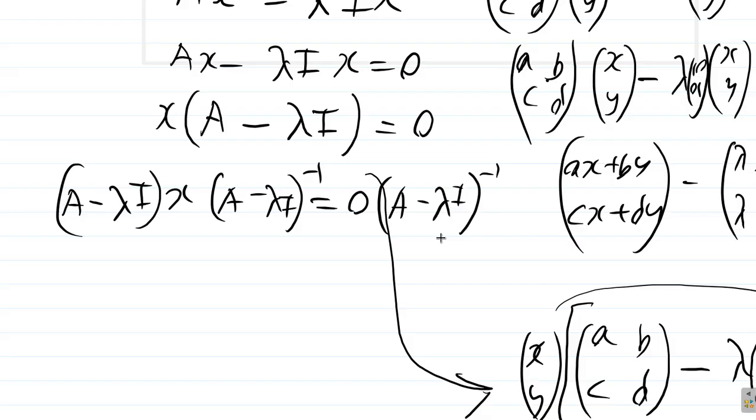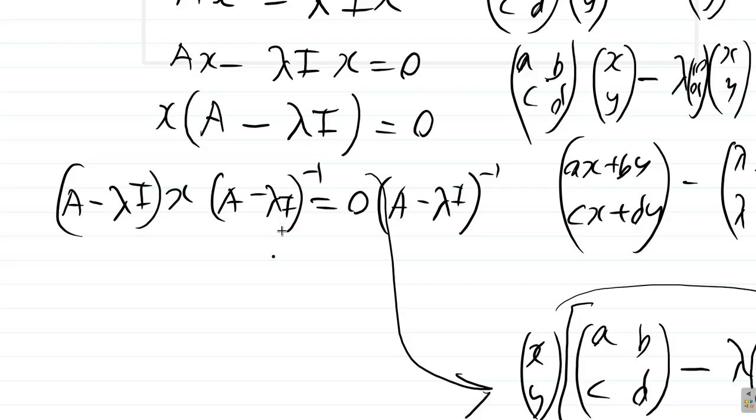Now you're not supposed to be able to do that. You see, if it's 0, it means x is 0, the eigenvector is always 0, but that is not the case, right? So you should not be able to find the inverse of A minus lambda I.